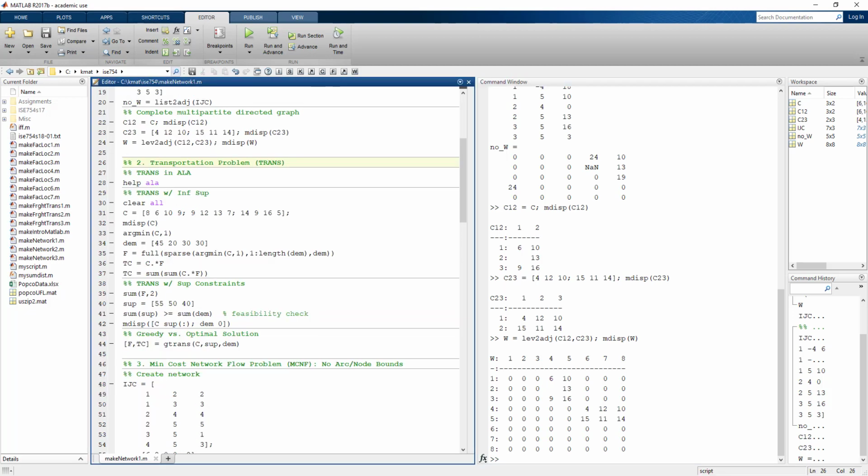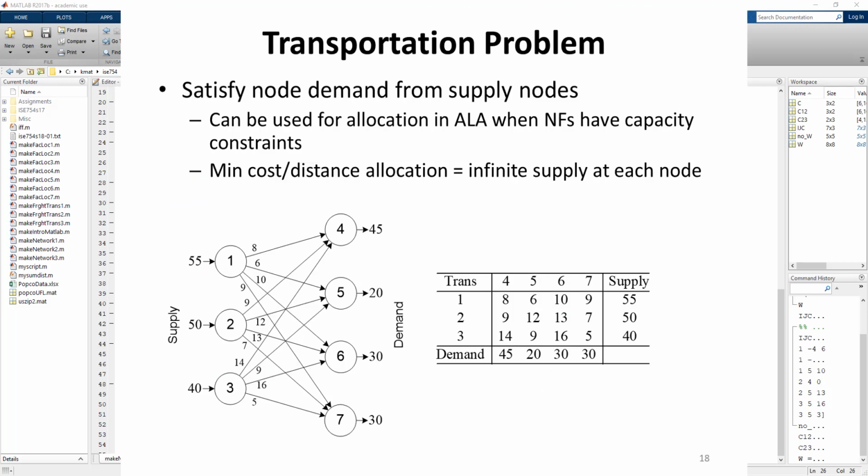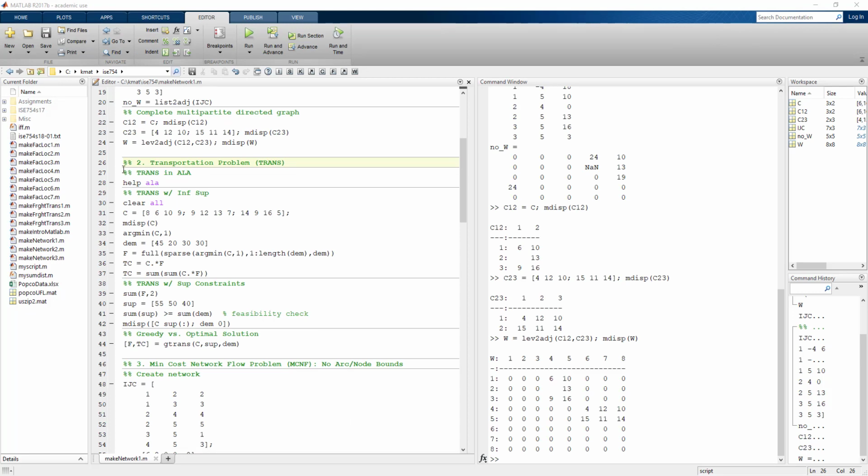The next example is looking at the transportation problem. And the transportation problem is a generalization of the allocation that we've looked at for the ALA procedure. And the difference is that previously we were essentially by default assuming that we had infinite supply for any of the new facilities that we were allocating, or any of the new facilities that were serving customers as existing facilities.